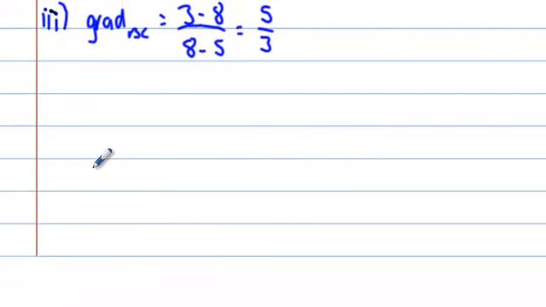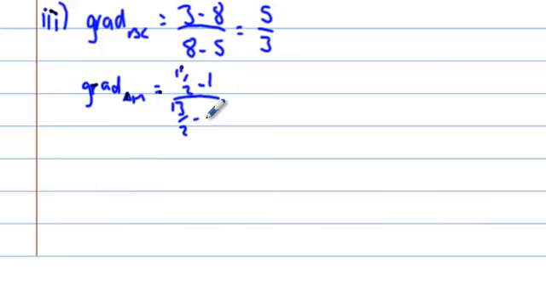The gradient of AM is the difference in the y values, which is 11 over 2 minus 1, over difference in the x values, 13 over 2 minus -1.